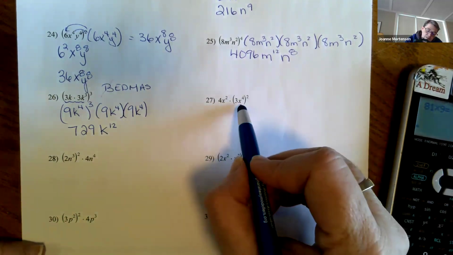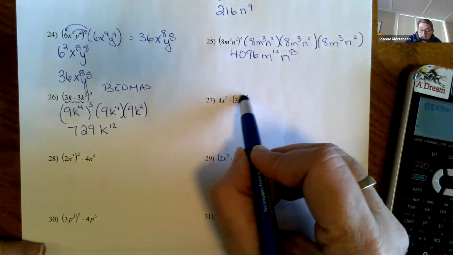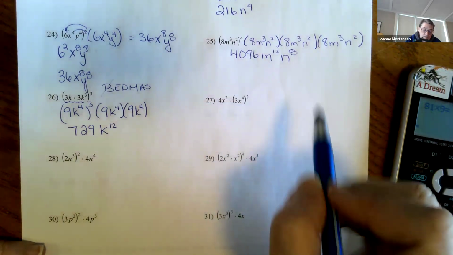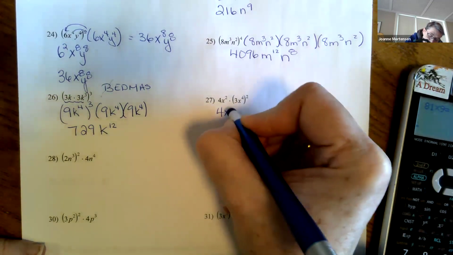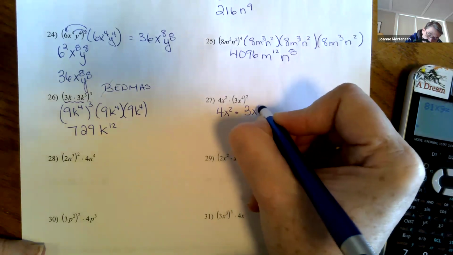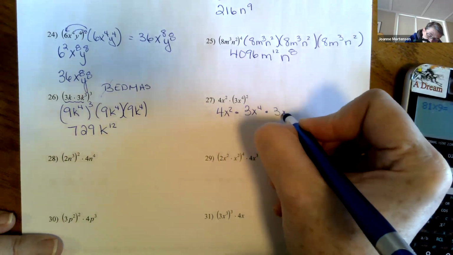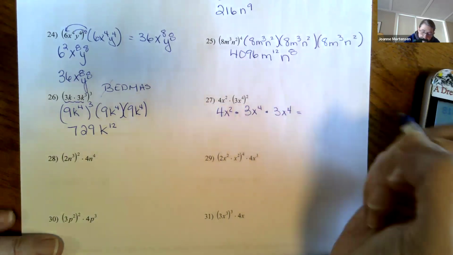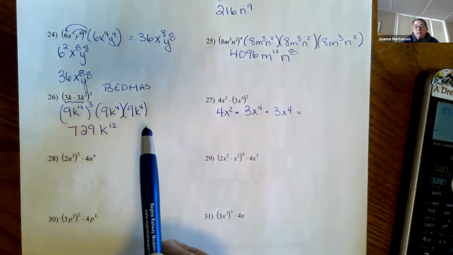Now, if I look at this one, there's brackets, but there's nothing to do. It's 3x to the fourth. It's not like I can make it into something better. So 4x squared times, excuse me. I know I was using brackets over here. That's just habit.